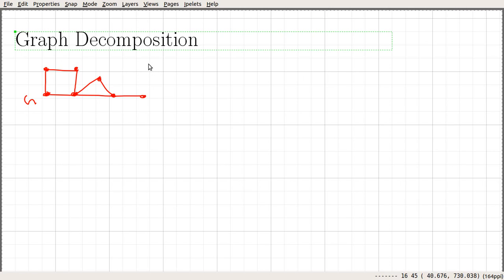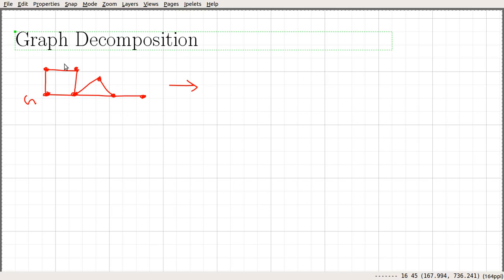Here, graph decomposition is: take this graph and decompose it into smaller graphs, subgraphs, in such a way that the edges are disjoint.